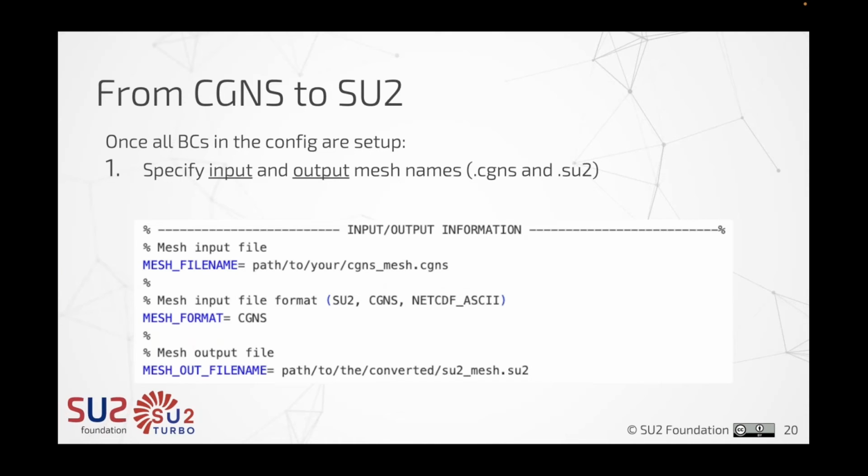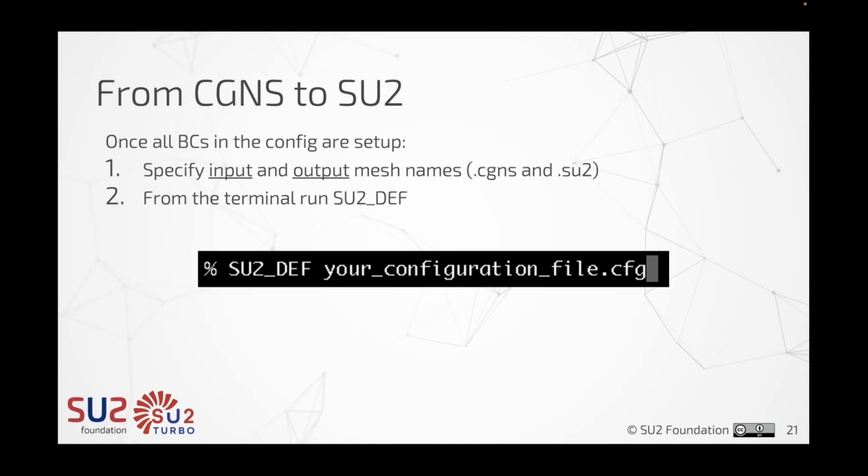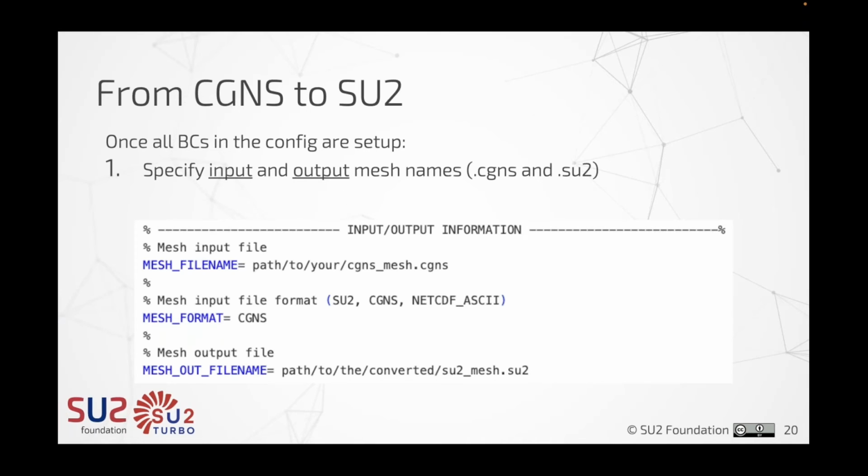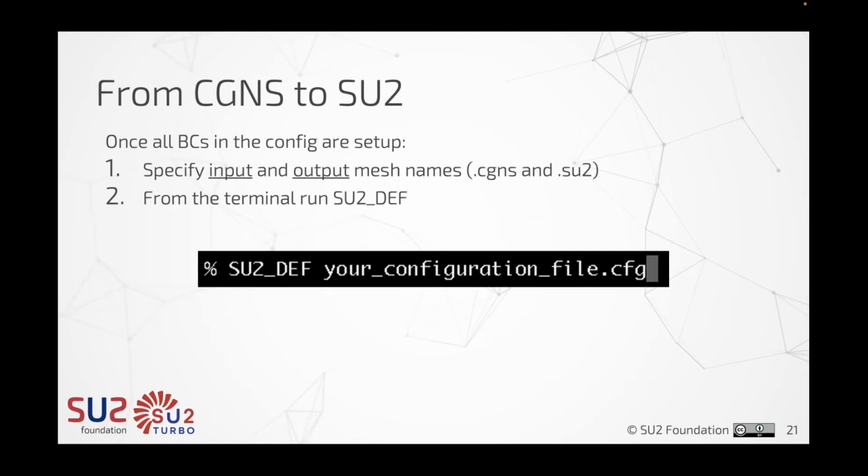You will just provide these two pieces of information here, the input mesh file and the file format, that is CGNS, and the output file that you want, so that is the mesh in SU2 format, and you just run SU2_DEF followed by the config file, and you will get your SU2 mesh where you specified. Just as simple as that.